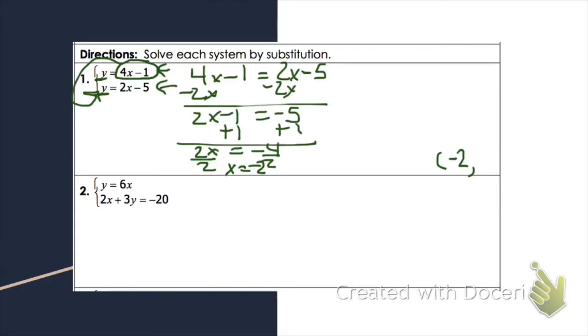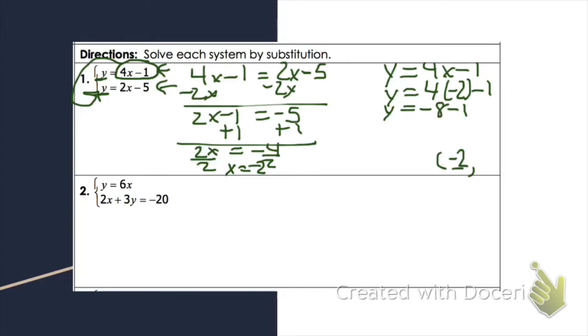So I'm going to just rewrite. I'm going to use that first equation, Y equals 4X minus 1. And since we know X is going to equal negative 2, we're just going to substitute that in. So we have 4 times negative 2 minus 1. Y equals 4 times negative 2 is negative 8 minus 1.